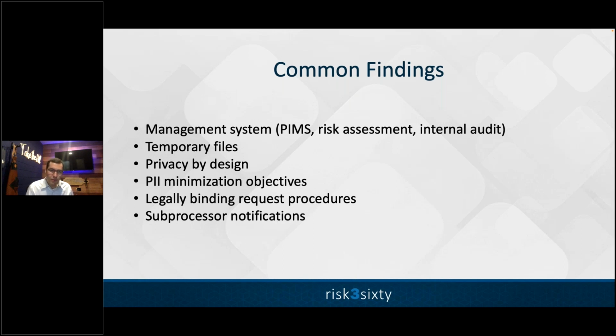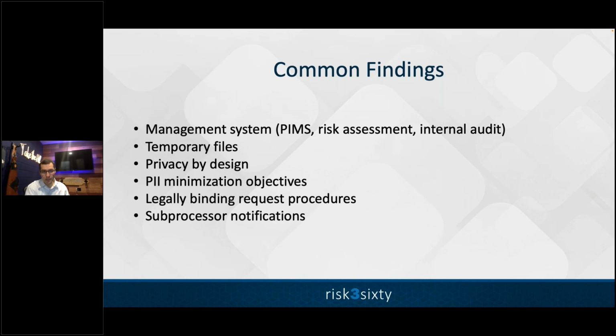And a couple of foot faults in the standard. One is define procedures for dealing with legally binding requests for PII. So if you actually receive a subpoena or a court order for PII, how are you going to handle that? Who's going to be involved? And then the last one would be procedures for notification of your customers when you're adding or changing a subprocessor.